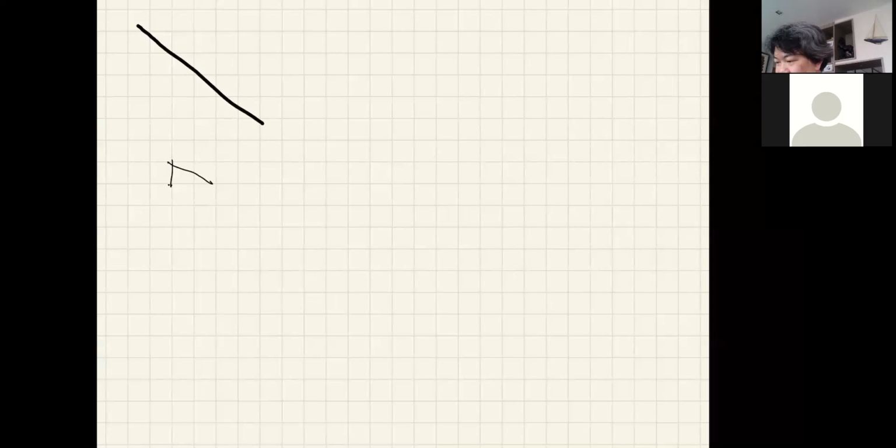That's 3, that's 4, so that's 5. But the orientation of this is 1, 2 like that, so be mindful. Start from 1, it points towards 2.